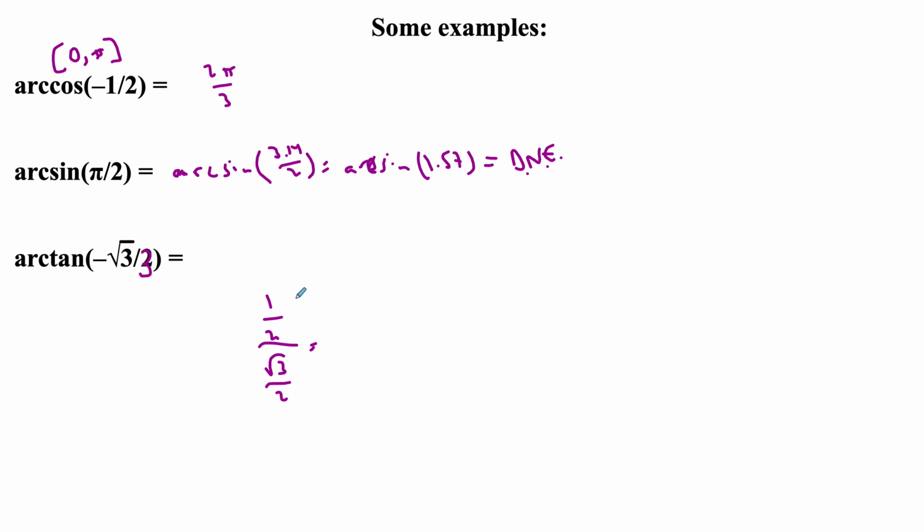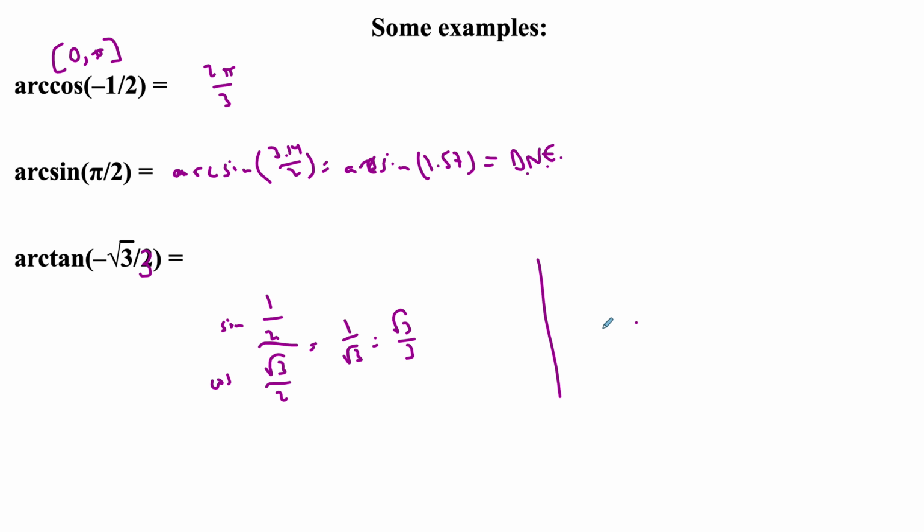Because remember, 1/√3 ends up being, when we rationalize, √3/3, right? That means one of these has to be positive, one has to be negative, okay? So the sine, the y value, is going to have to be 1/2, and the cosine is going to have to be √3/2, but one of them is going to have to be negative.